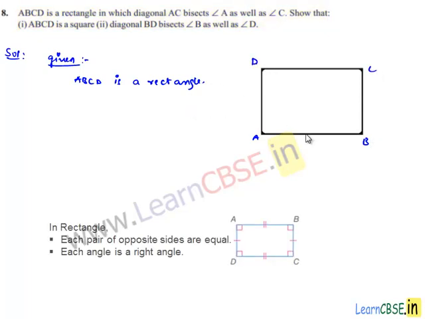We know the properties of a rectangle as lengths will be equal and the breadths will be equal. Two opposite sides will be equal.